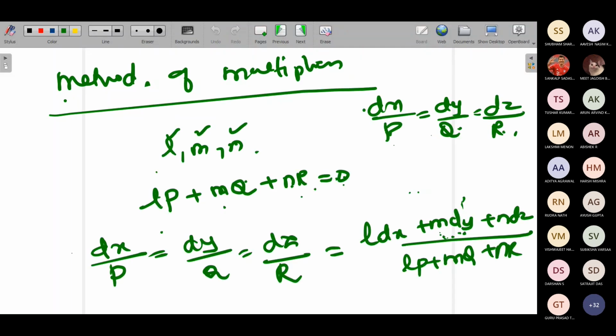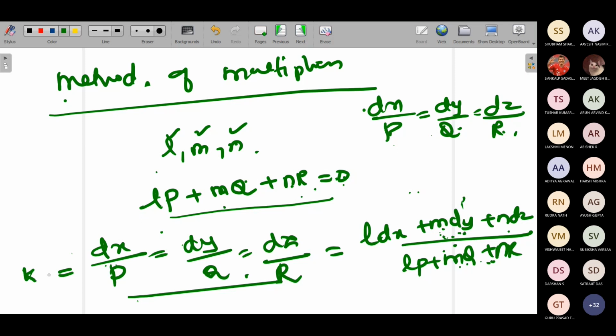You understand? I'm taking the subsidiary equation, and that subsidiary equation is being equated to this term. When it is equated to this term, you know that the condition is LP plus MQ plus NR is equal to 0. So directly this implies L dx plus M dy plus N dz is equal to 0. Now, before integrating, suppose this equation is equal to some constant k.